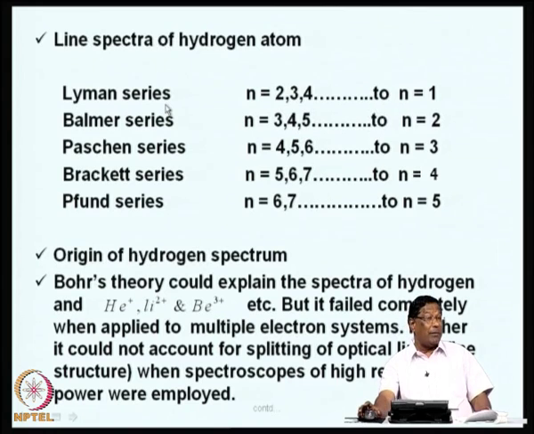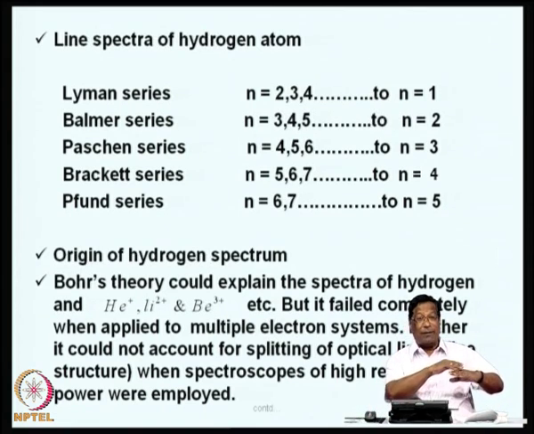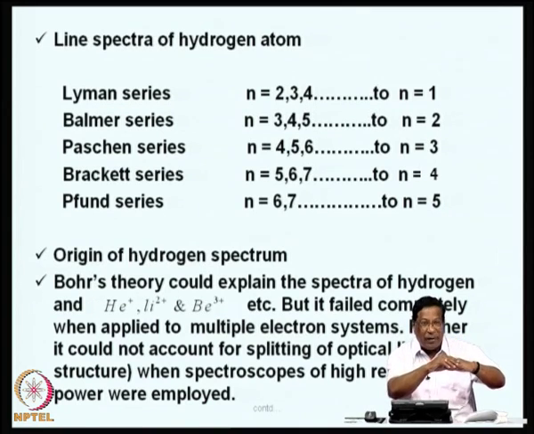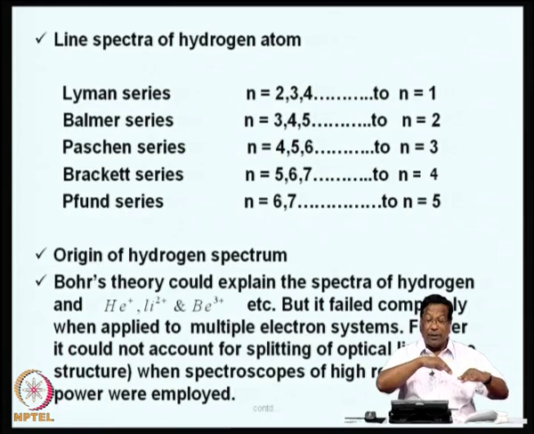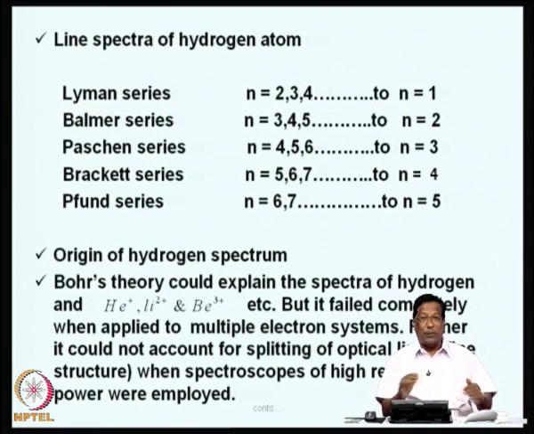Now, you can imagine other situations where they do not fall to the lowest energy level, but one level above the previous one. Let us call it n equal to 2, and level 2 is at a slightly higher energy than level 1, which is very near the nucleus. N equal to 1 will have very low energy.